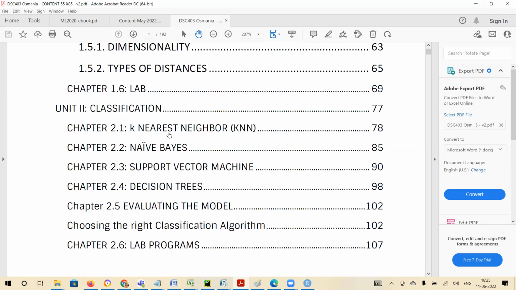What is a decision tree? Tell something that you know. It's a supervised learning technique, sir. Yes, it is supervised learning, correct.